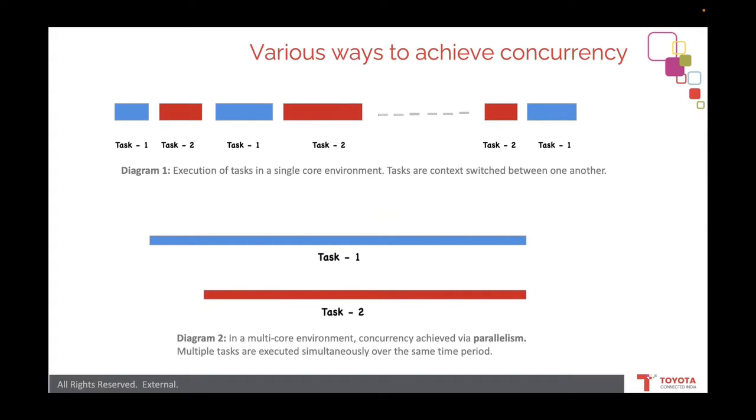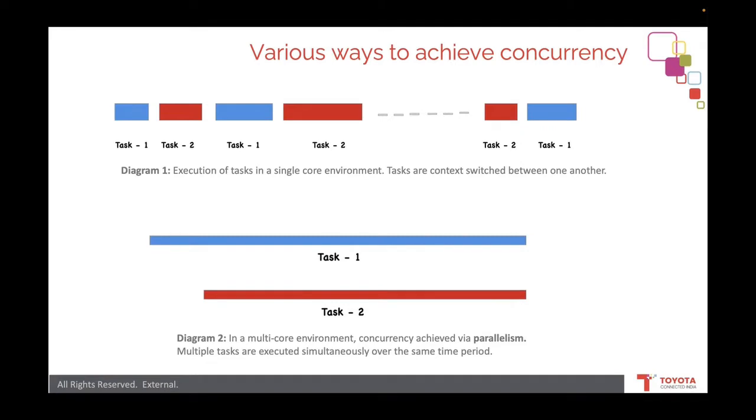There are various ways to achieve concurrency depending on the architecture. If the architecture or environment is single core, then we can achieve it via context switching, doing time slicing between the tasks, as you can see in diagram one. And if the environment is multi-core, then we can achieve concurrency via parallelism.